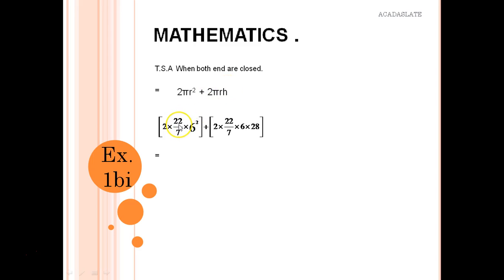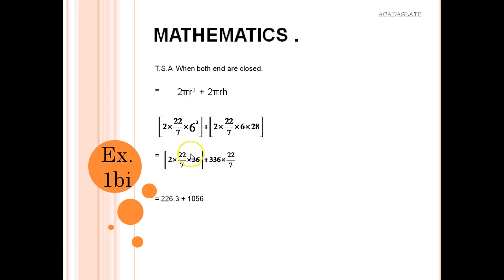Now, substituting the variables into the formula: 2 times 22/7, which is pi, times the radius 6 squared, plus 2 times pi, that is 22/7, times 6, which is the radius, times height, which is 28 cm.